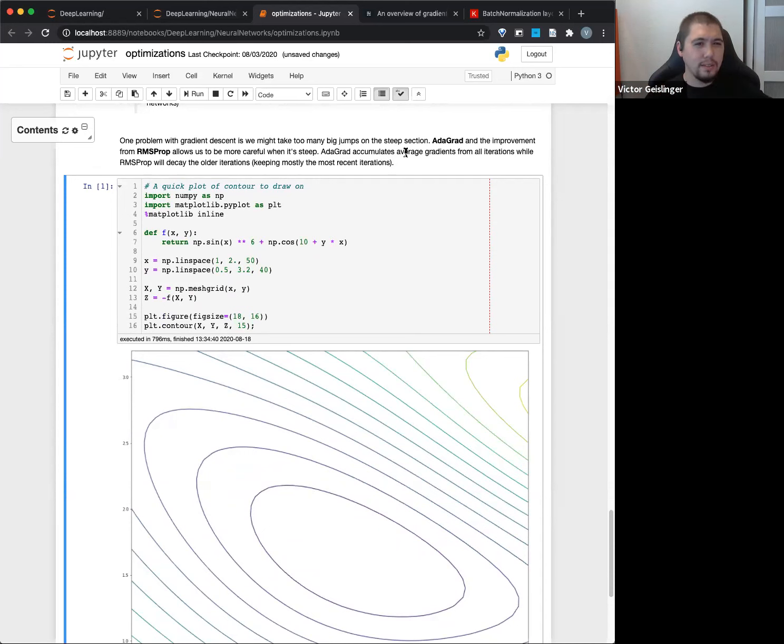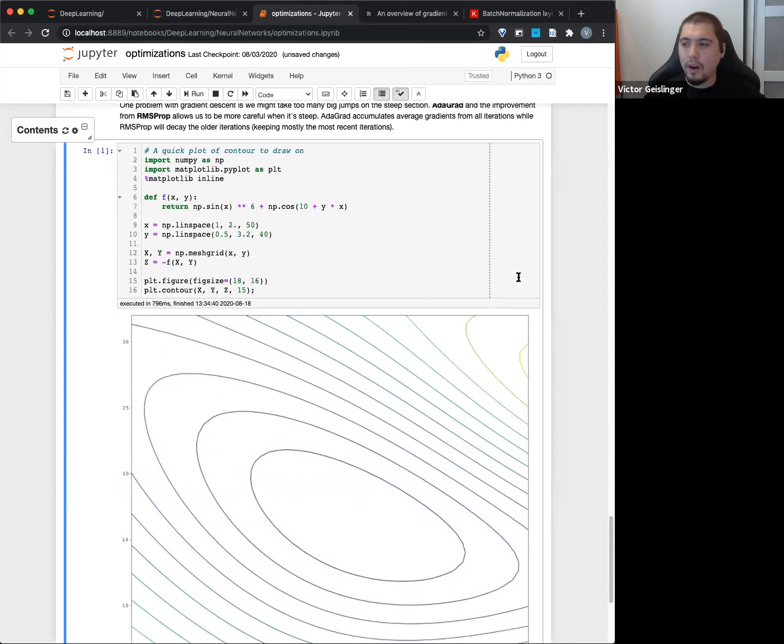Does that make sense? If you imagine you're up here, and you know how to read these, this is like a topographical map, right? And you can imagine that this right here is the lowest point. If I'm right here, I would say, oh, this is a really steep spot, so I'm gonna take a bigger step.